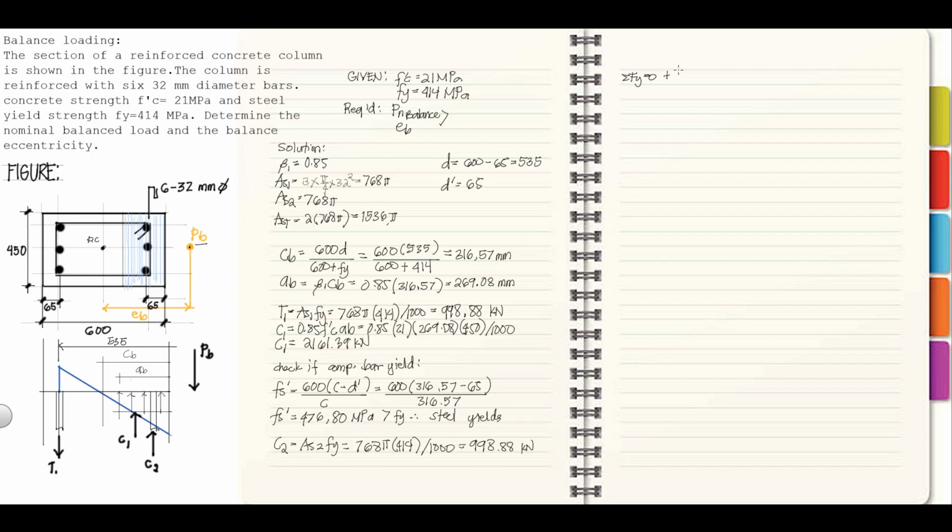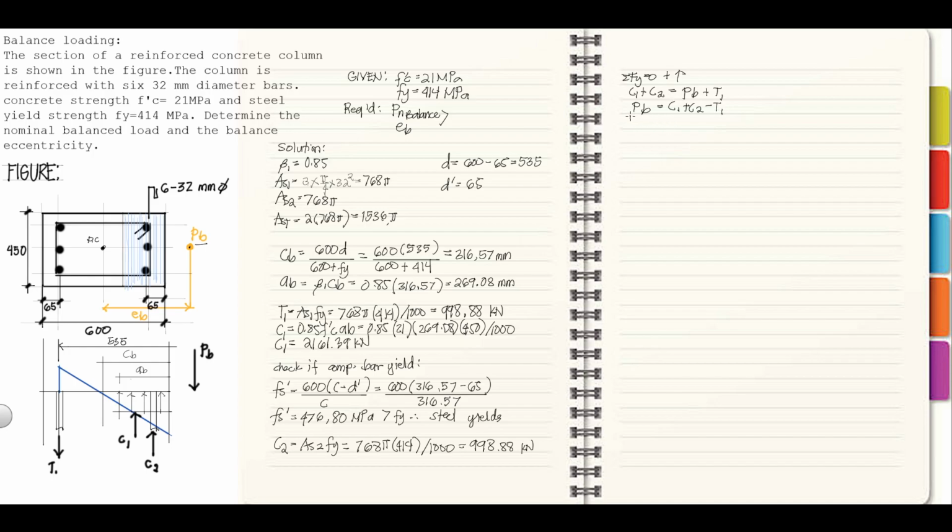Let's say positive upward, we have C1 plus C2 is equal to PB plus T1. So we will get the value of PB, that is equal to C1 plus C2 minus T1, right?